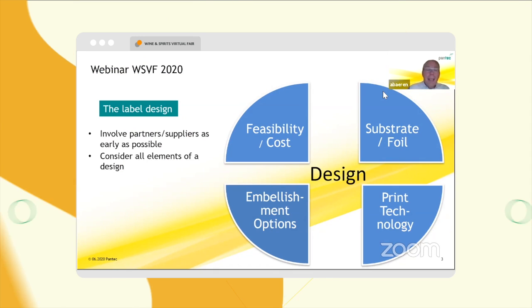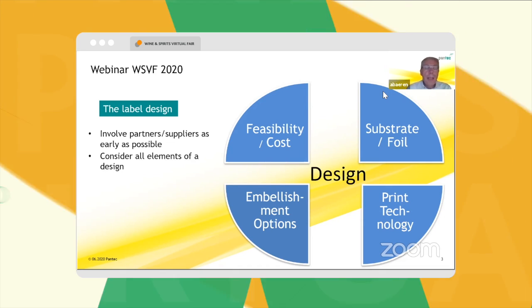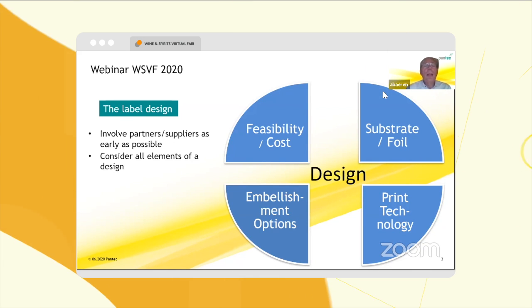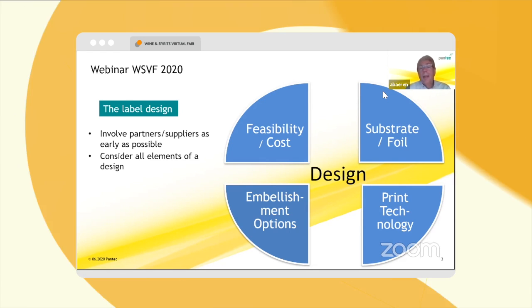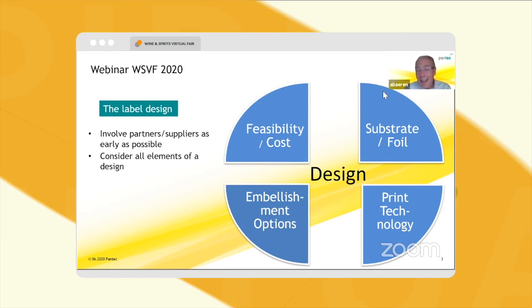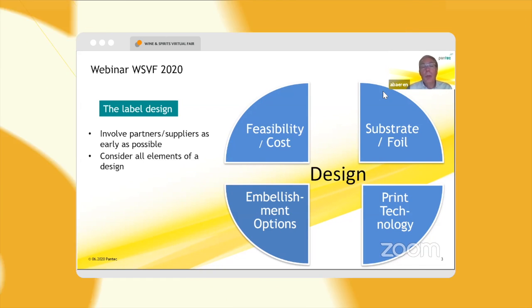When you are designing a label, especially an extraordinary label, please involve all your partners and suppliers as early as possible. Most importantly, the label printer, because at the end of the day, he needs to produce the label.